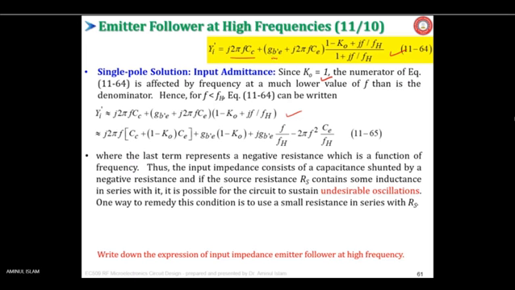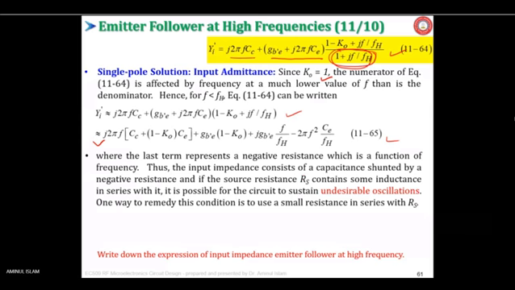This part of the equation remains the same, and here 1 minus K0 plus jF by FH remains the same from the denominator, since F is very small compared to FH. See, FH is the upper cutoff frequency, the higher side of the mid-band frequency. So we can write this thing. It is going to be almost 1, and which can be approximated as this.